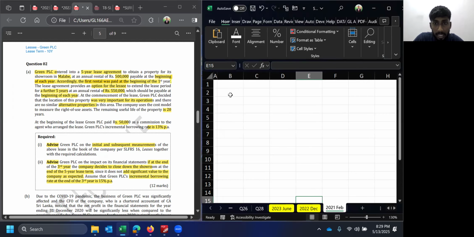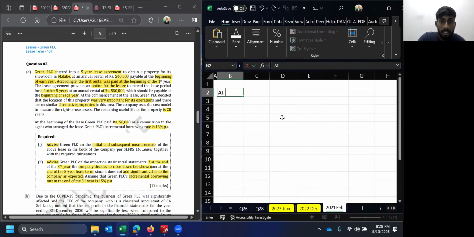Here, let's say at the commencement date, what is the commencement date here? They have not given a year either. The commencement date has not been specifically given to us.